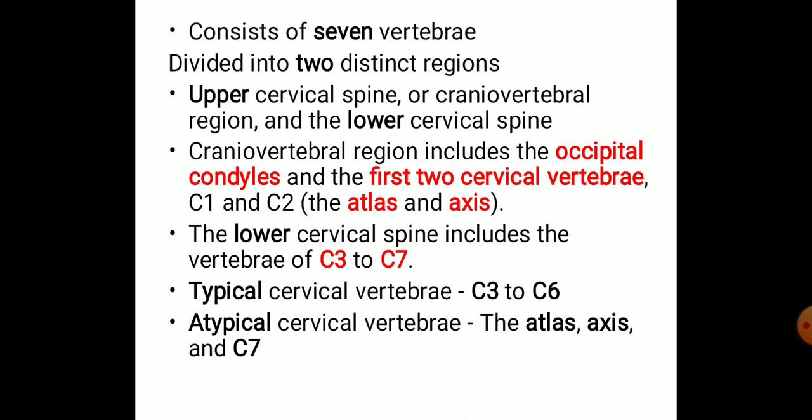But C1, C2 and C7 have some changes in structure and function. C7 has almost the same kind of function as C6 and the other lower cervical vertebrae, but its structure is slightly different from the other cervical vertebrae. That's the reason we take C1, C2 and C7 as atypical vertebrae and C3 to C6 as typical vertebrae.